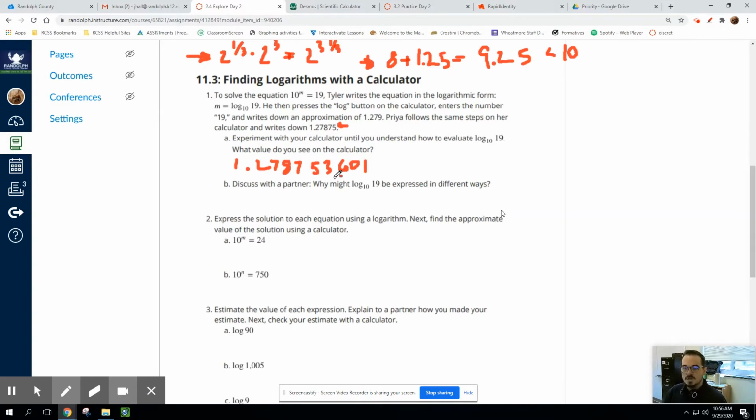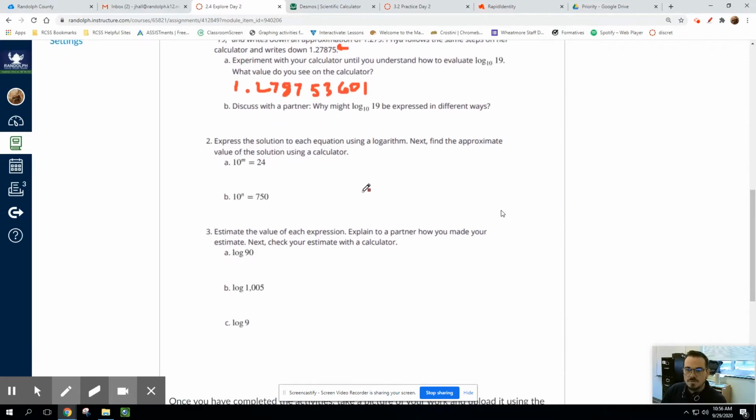Somebody else puts 1.28. Somebody else puts 1.289. Somebody else decides to put exactly all of that as it is. Those are different ways that it can be expressed. And it's all about rounding.